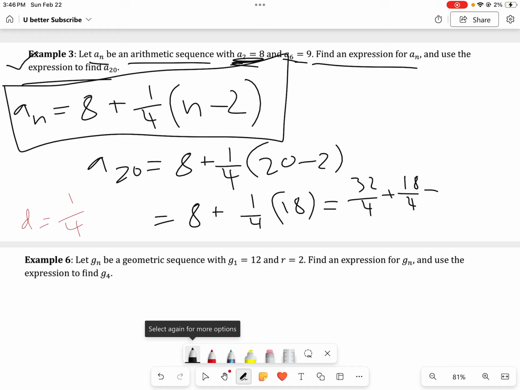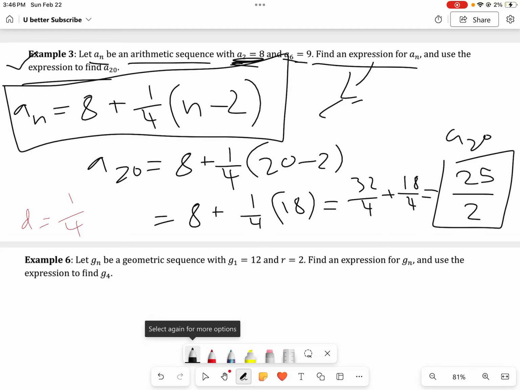That gives us 50 over 4, or 25 over 2. And that is A of 20. So we just got A of 20, and we have the expression. And that is it for the first problem. Let's move on.